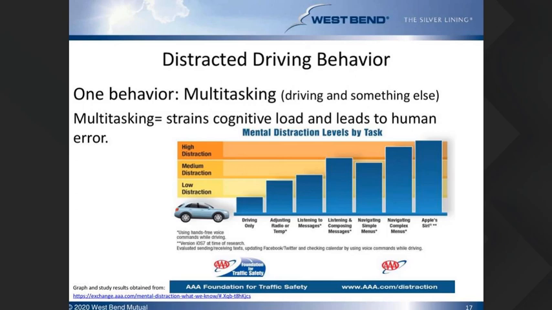Again, looking at all those different top 10 sources we just talked about, or I have to be actively involved in a teleconference while I'm driving. Anytime we're multitasking, we're putting strain on our cognitive load and it's going to lead to human error.